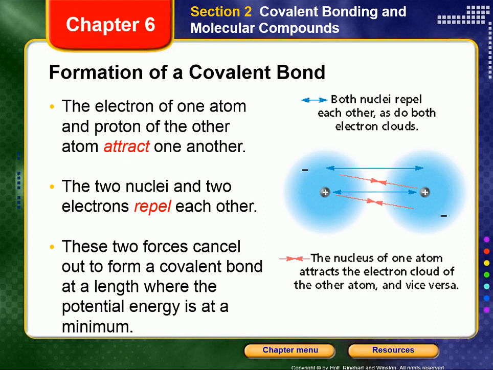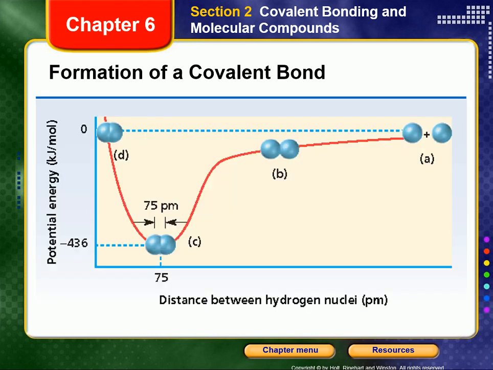The approaching nuclei and the electrons are attracted to each other, which corresponds to a decrease in the total potential energy of the atoms. At the same time, the two nuclei repel each other and the two electrons repel each other, which results in an increase in potential energy.